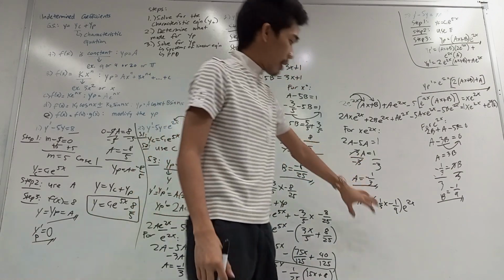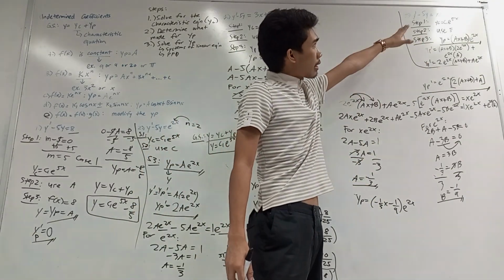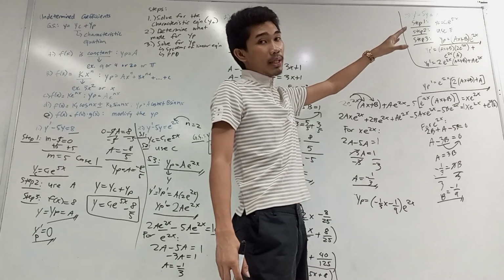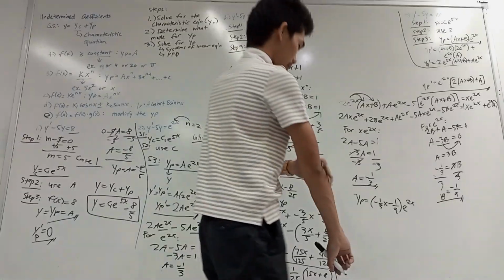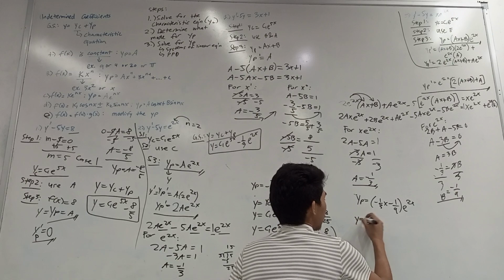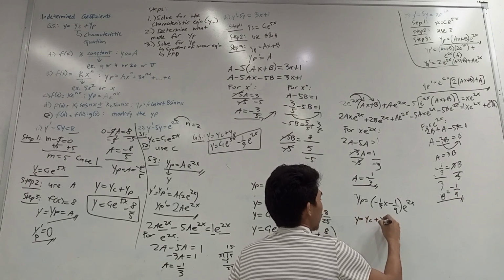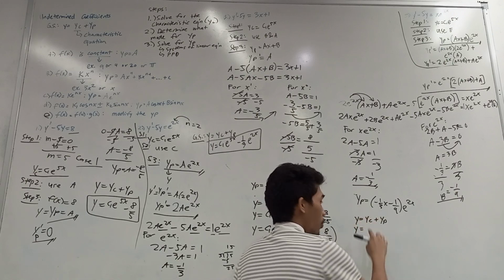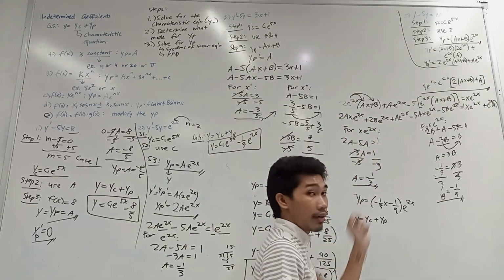So, i-substitute natin sa ating yc plus yp, then we get the final answer. Yc natin is yung c1 e raised to 5x.